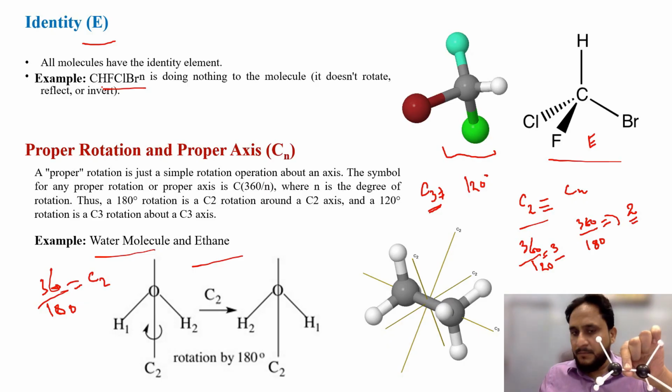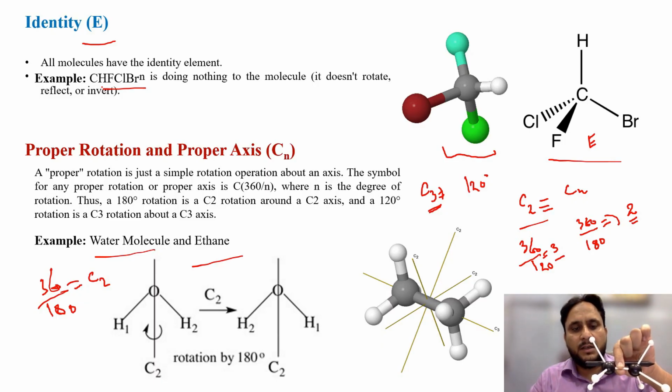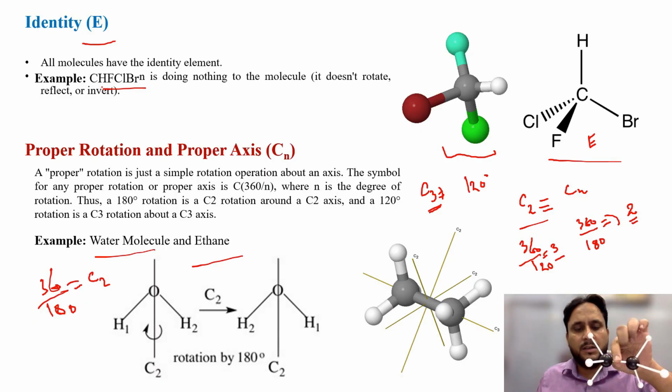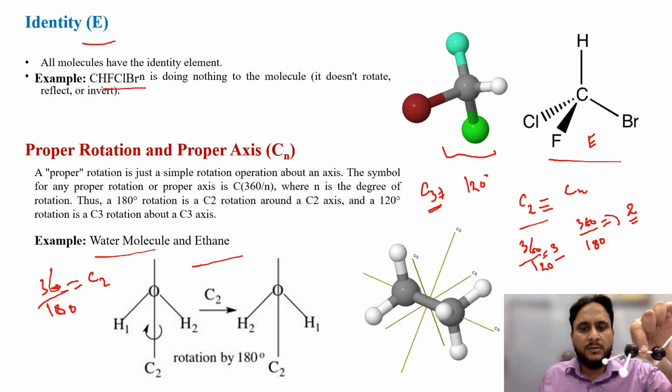Now if we pass an axis through these two carbon atoms, and rotate the molecule by 120 degrees, look, this is the original molecule.